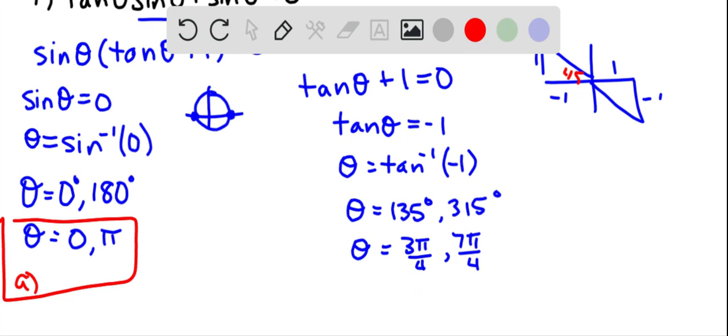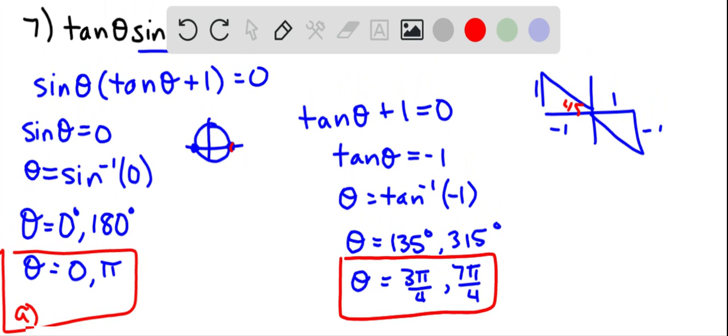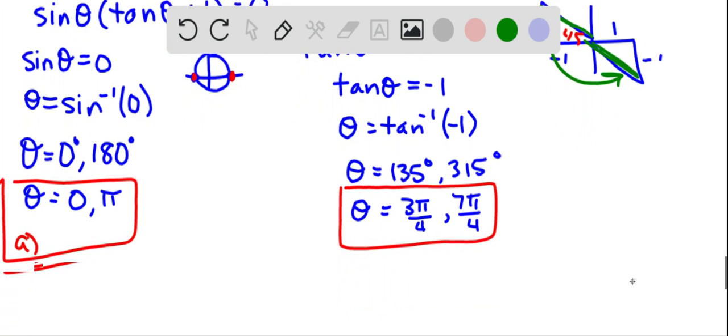these are the answers. And then for part B, what we want to do is take all of these and add 2 pi k. However, actually, because 0 and pi are half a circle apart, we can just write one of the answers plus pi times k. And because 3 pi over 4 and 7 pi over 4 are also half a circle apart, we can just write one of them and add pi times k, or pi times n.